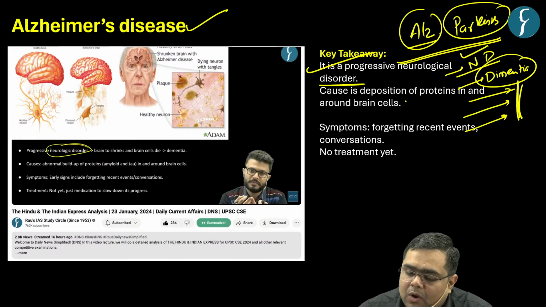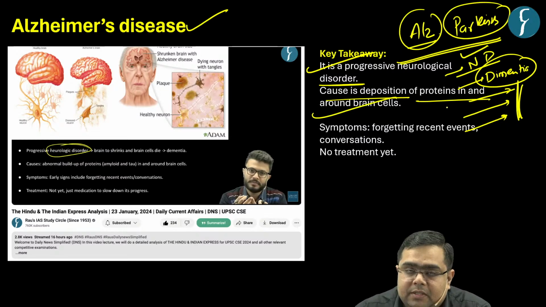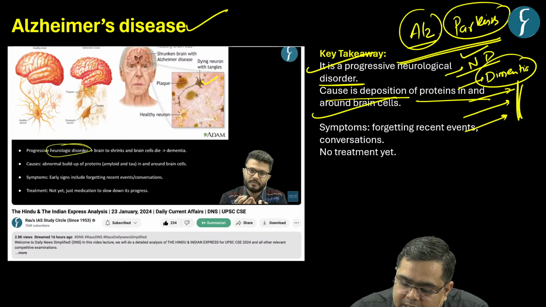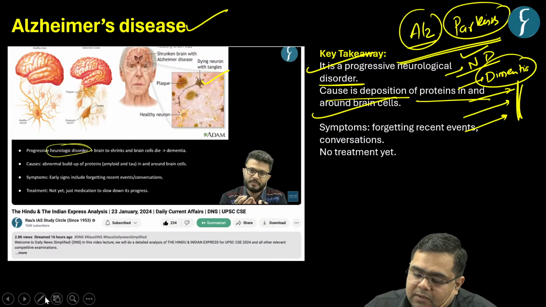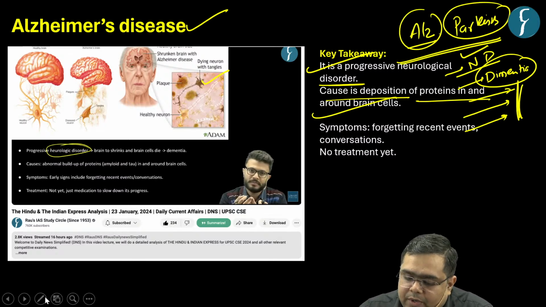What is the primary cause of Alzheimer's disease? It is caused by the deposition of proteins in and around brain cells. As you can see in the diagram, these are the brain cells, and a kind of plaque forms, just like if you don't brush your teeth for a couple of days, plaque is formed on your teeth.